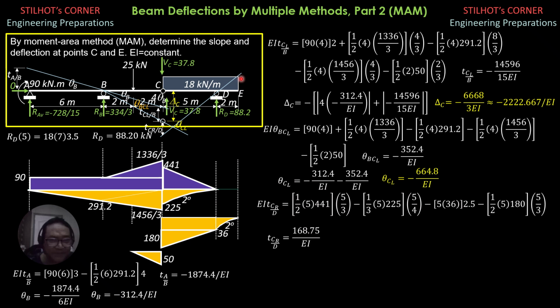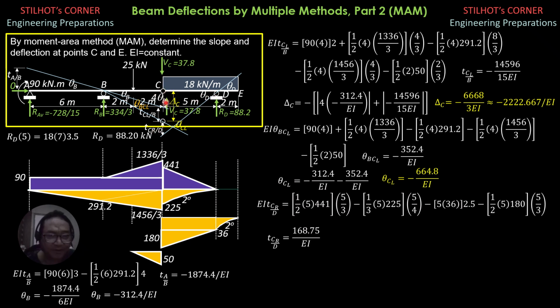It is positive, sloping up to the right, or the line intersects the first quadrant and the third quadrant where the tangent function is positive. So the slope is positive. So that's theta D. Theta D is the absolute value of the opposite, because this is negative and theta D is positive.